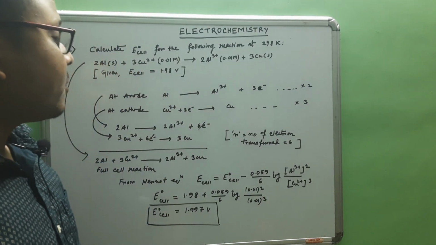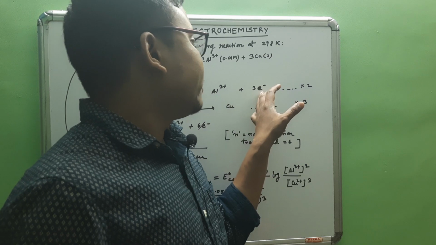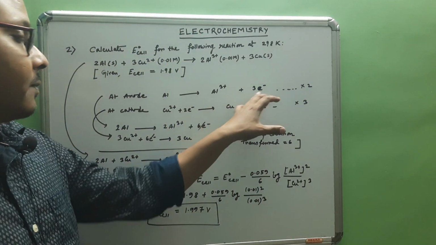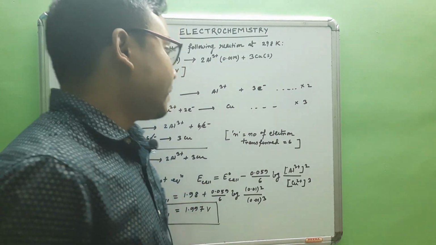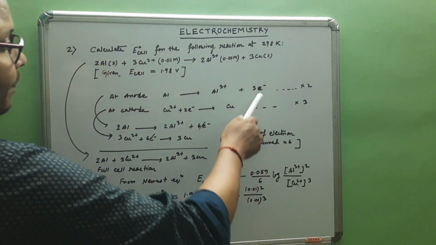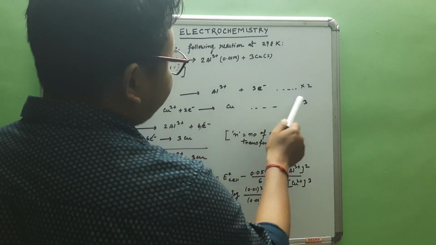First of all, we have to equalize the electrons involved in the anode part and the cathode part. The electrons involved are 3 and 2, so the LCM is 6. To make the number of electrons 6, we multiply the anode part by 2 and the cathode part by 3.